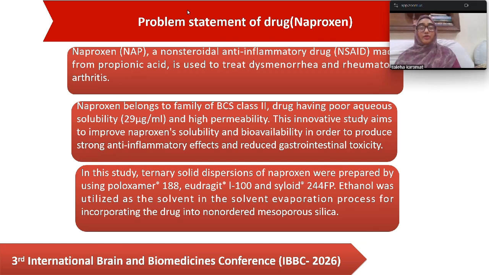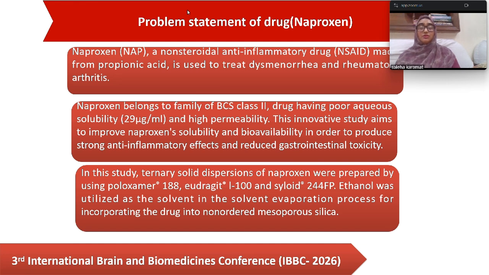Next is the problem statement of the drug. Naproxen is an NSAID from the propionic acid class, used to treat dysmenorrhea and rheumatoid arthritis. But prolonged use of naproxen may cause gastrointestinal injuries and inflammation in the joints.